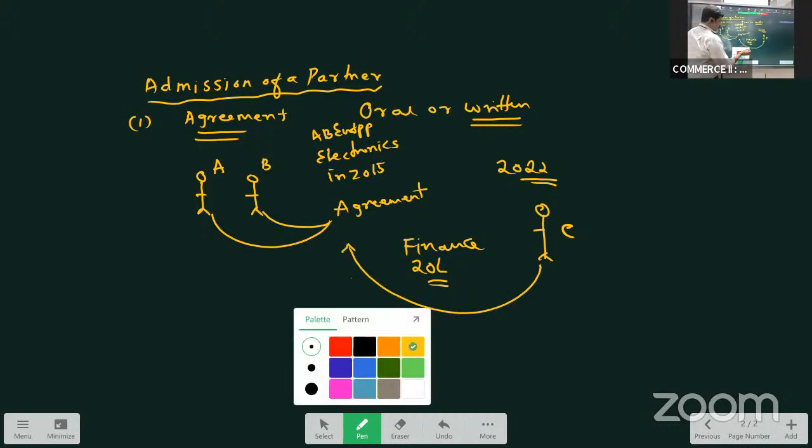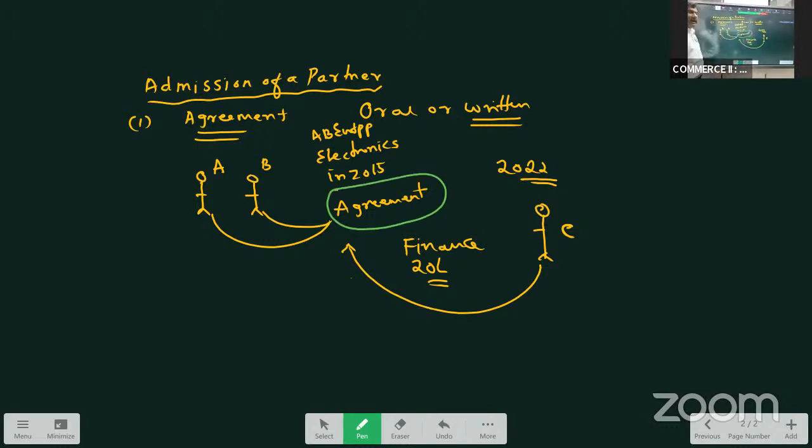Earlier, only A and B were the partners, and the agreement had the names of A and B, their capital amounts, their profit sharing ratio, their rights and duties, all pertaining to only A and B. But now that C is supposed to become one of the partners, they simply have to cancel this agreement and enter into a new agreement. They have to write a new agreement.